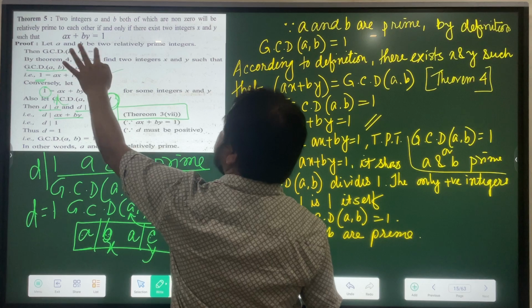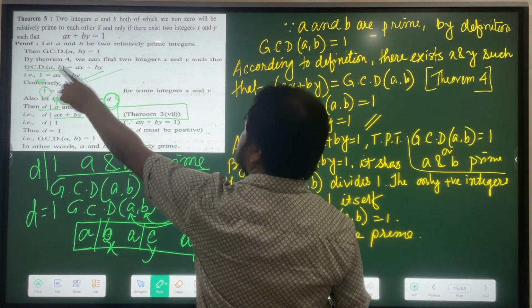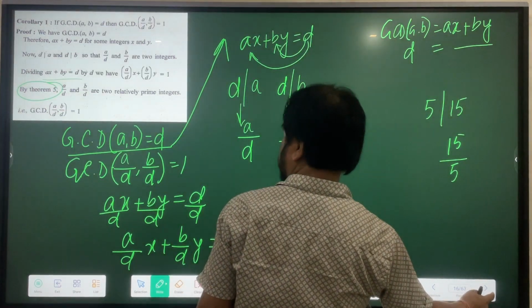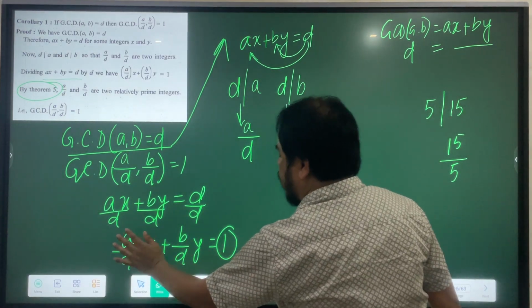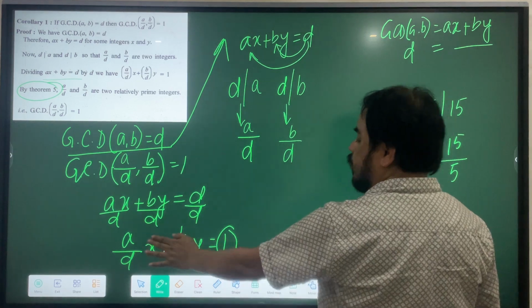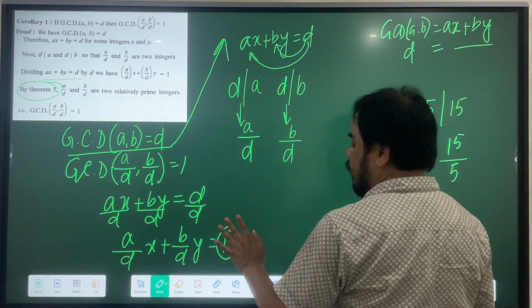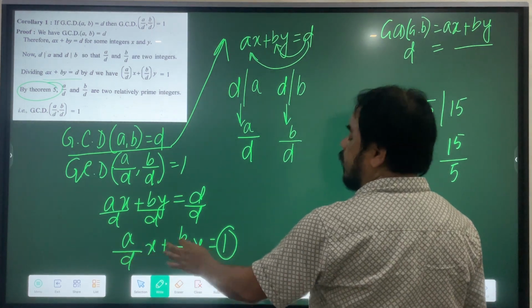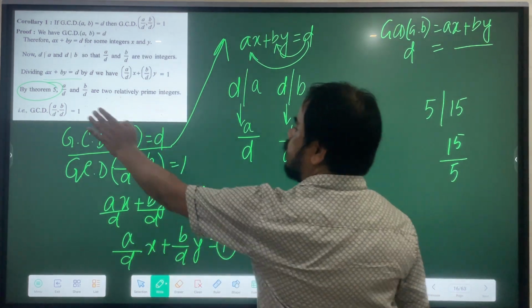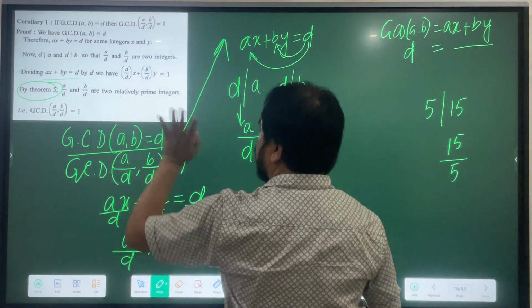That means GCD of a and b equals 1 when ax plus by equals 1. So in ax plus by, take this as a and this as b. So ax plus by equals 1 when the GCD of this and this, a and b, is 1. So GCD of a by d and b by d is 1.